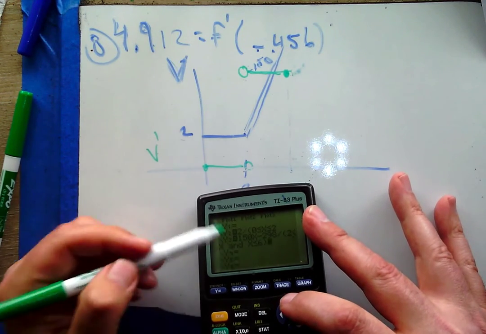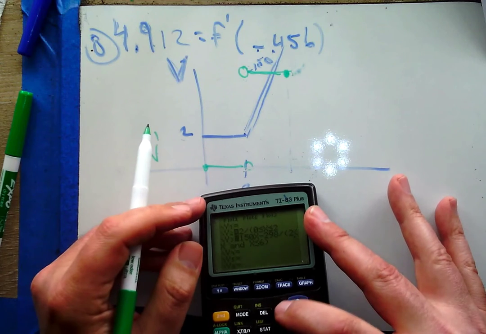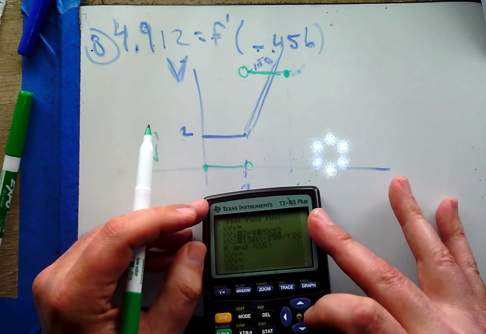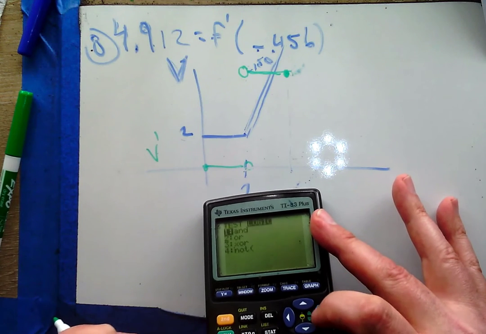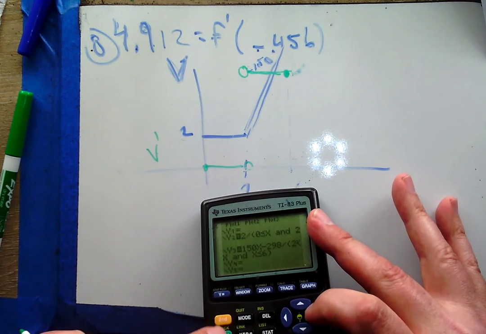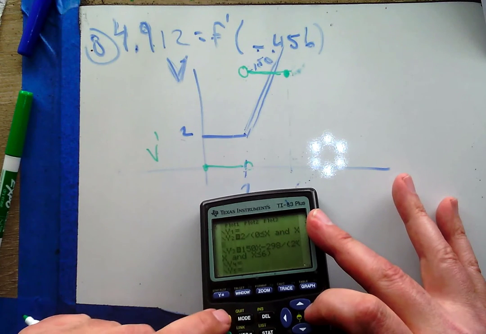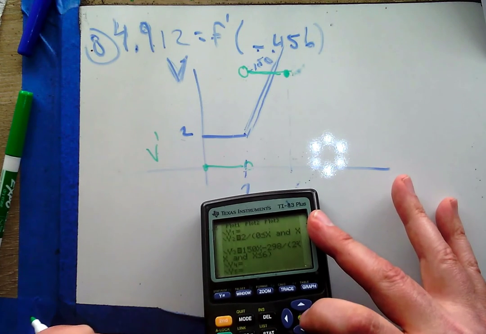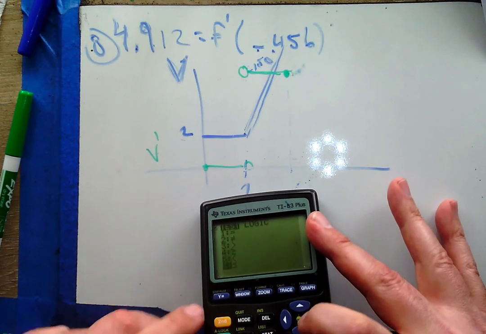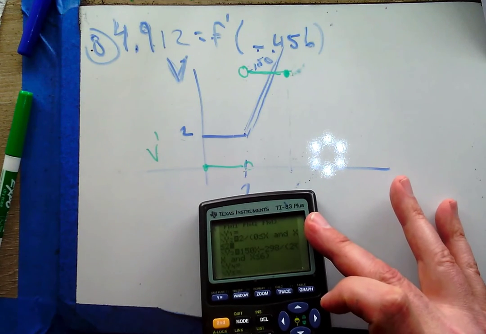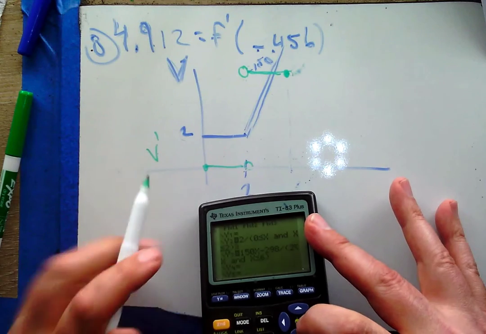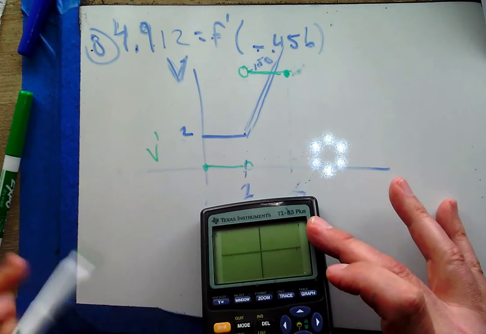Okay, but now that means we have to go back up to this one and put in that AND statement. It's under logic. And x is less than or equal to 2. Close parentheses. Alright, well, I like to think that this will graph.